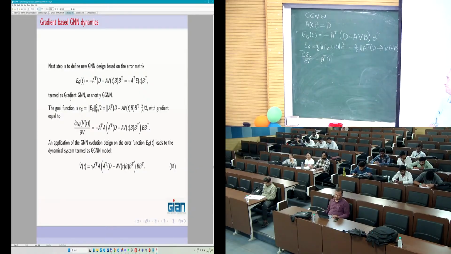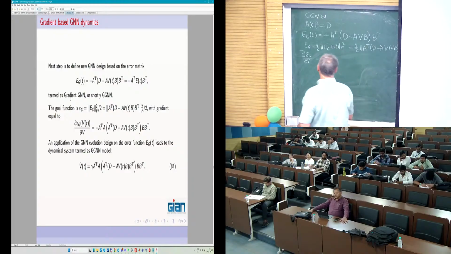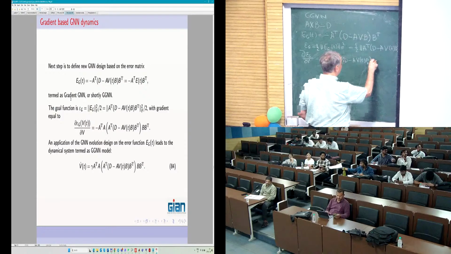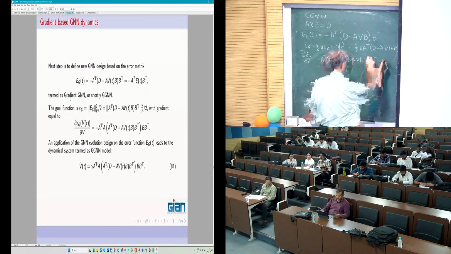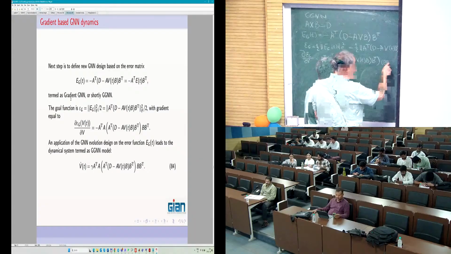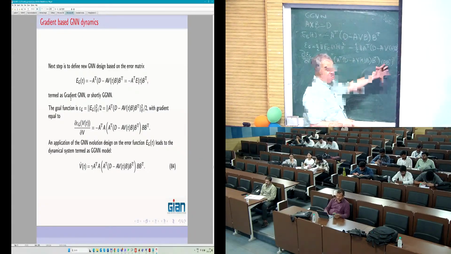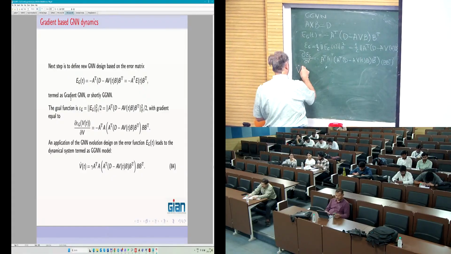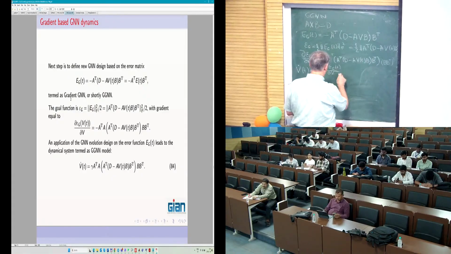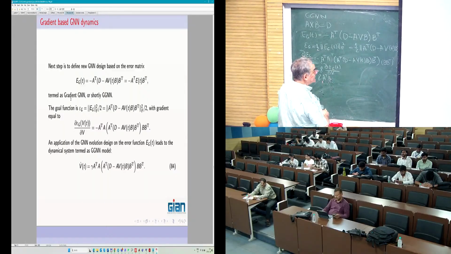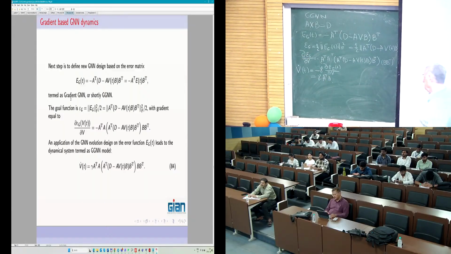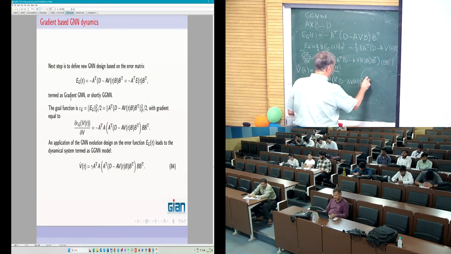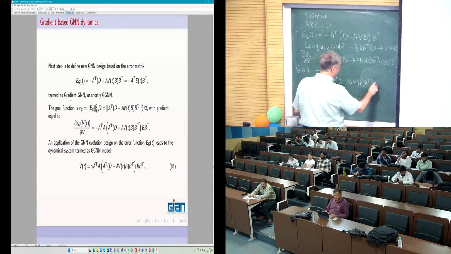The GNN dynamic is the gradient of epsilon of T times B transpose.